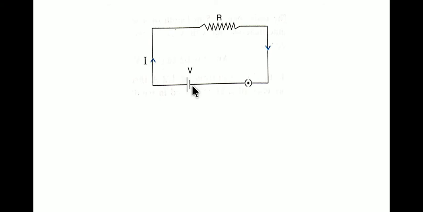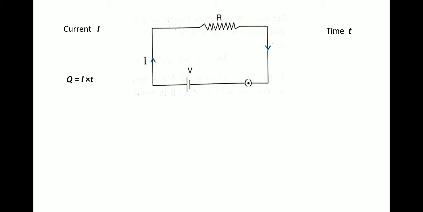So here the current I passes through the time t, and thus the charge which passes through the circuit will be measured as Q, which is equal to I times t.